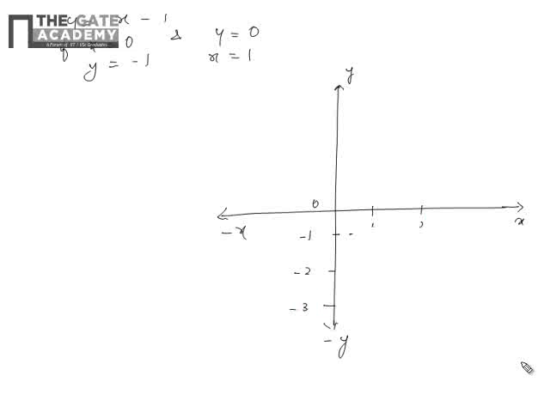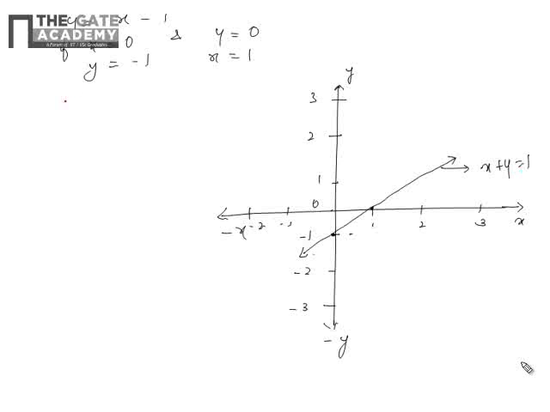Similarly 1, 2, 3, and minus 1, minus 2. Okay, so this is the x and y axis. For x equals 0, y is minus 1, so the point will be right here, and the line will become like this. So this is the straight line for x plus y equals 1.